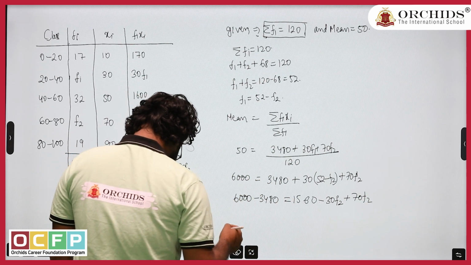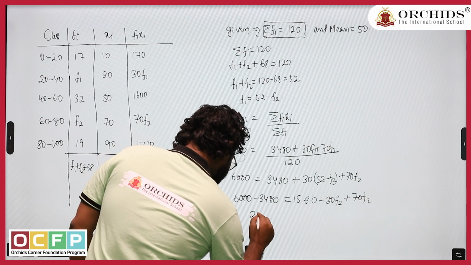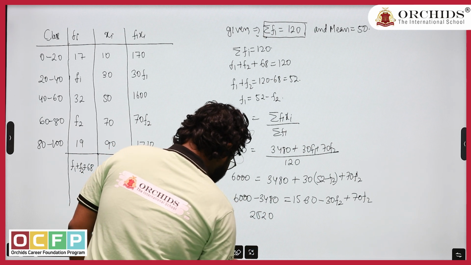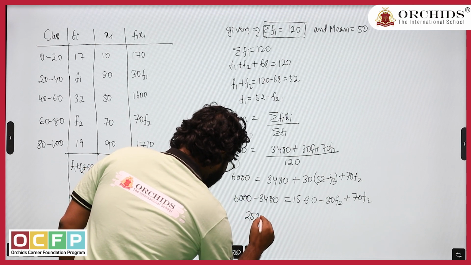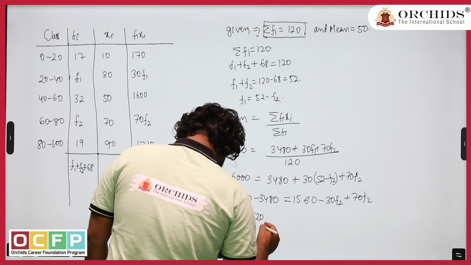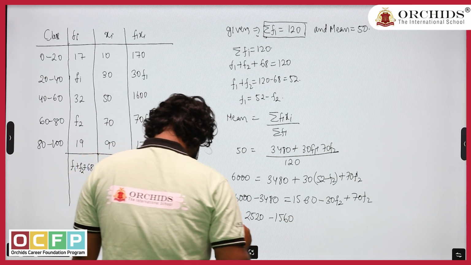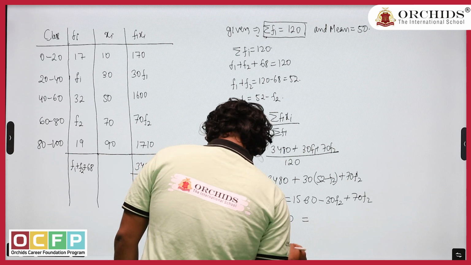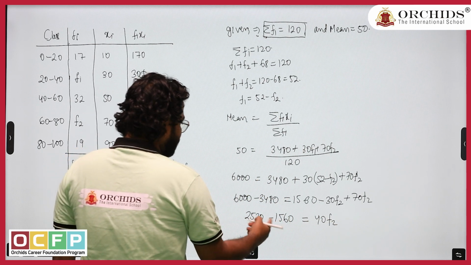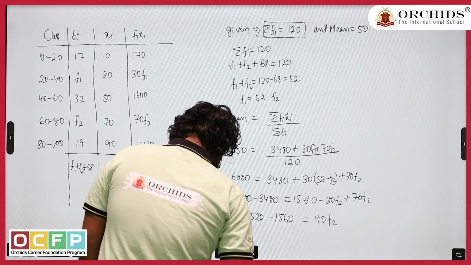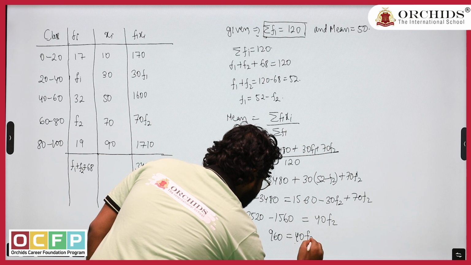After simplification, what will we get? Everything you have to subtract. We are getting 6000 minus 3480 minus 1560 is equal to 40 f2. Now this value will become 960, which is equal to 40 f2.